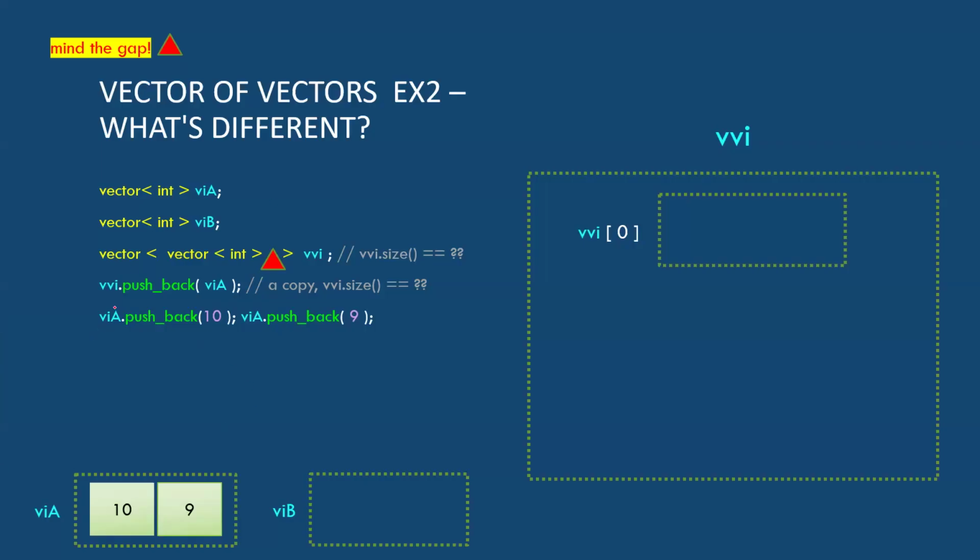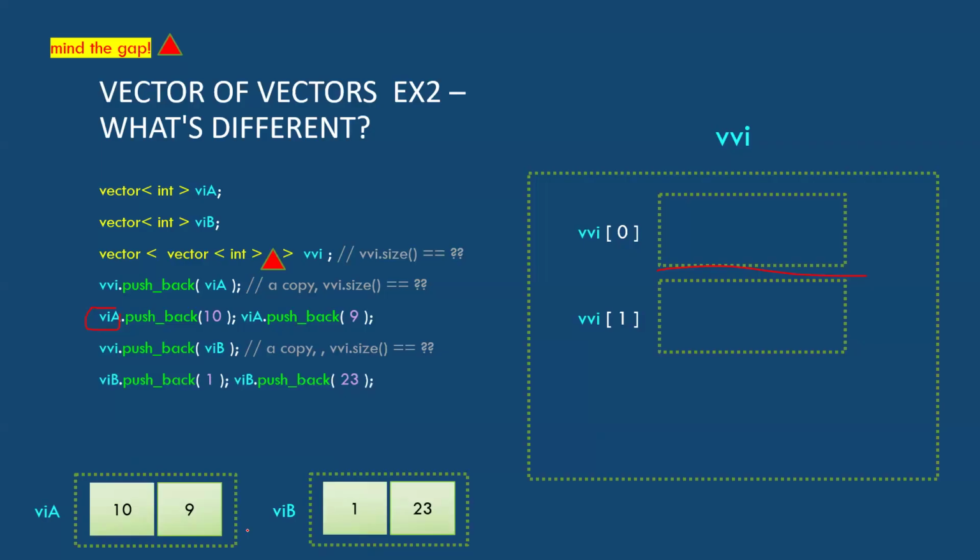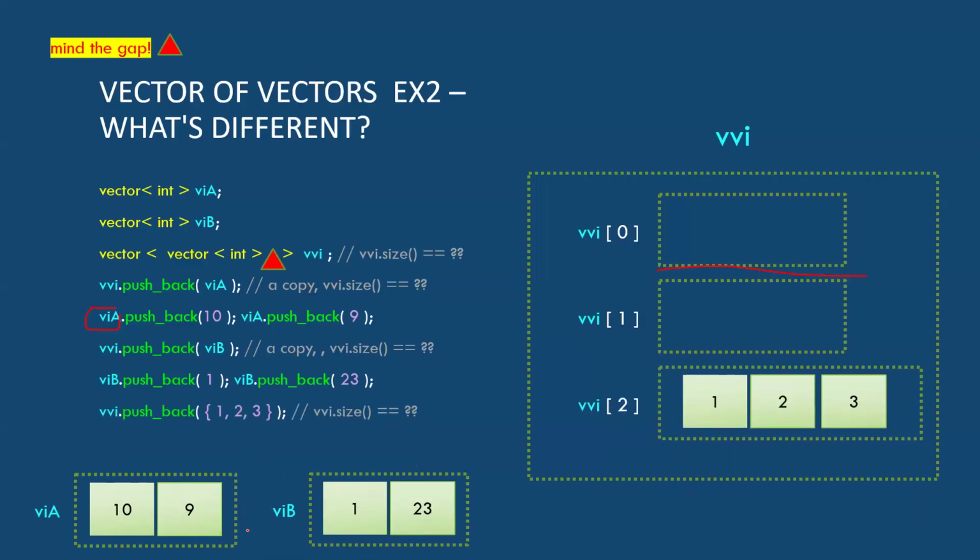Notice those are not connected. I know I've kind of said this, but that's not going to change what's going on in here because they're not in any way connected, right? So this is just a separate thing altogether. But I can put a copy of something in there, right? Which was empty, right? And even if I change the VIB, of course, it's not going to change my rows. But at some point, I'm going to come back and probably fill these guys up by pushing something into each one of these, okay?